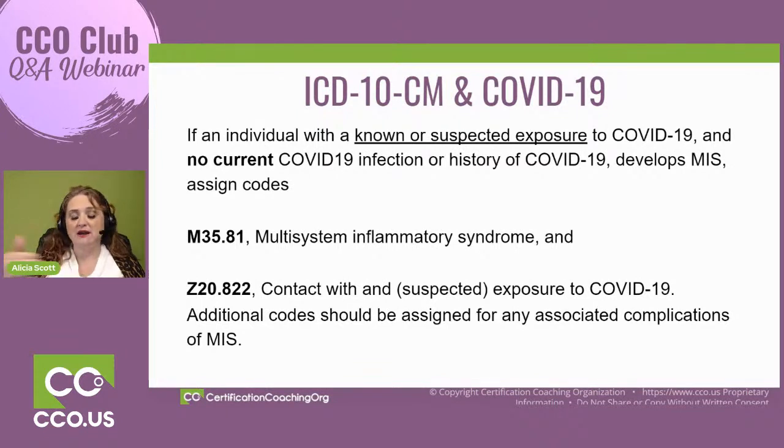And then you can go ahead and list anything else that would be complications of MIS, right? But we don't have a current case of COVID right now, so it's not a late effect. We've got to be very careful.